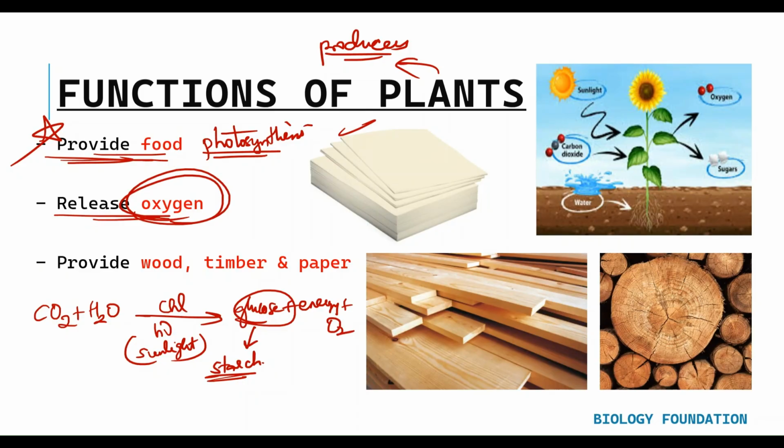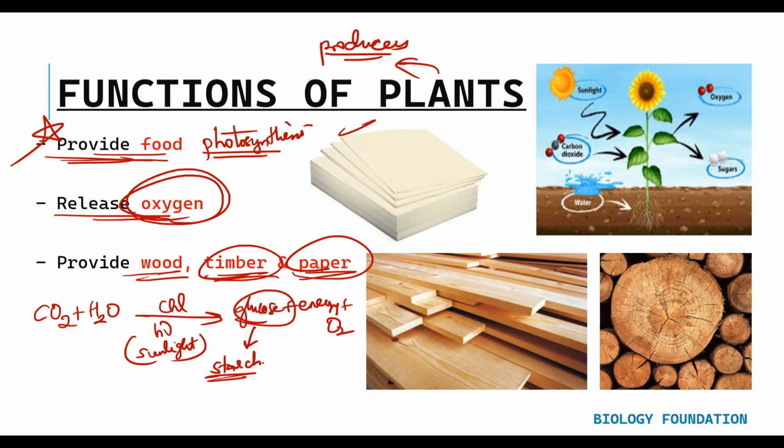So we are quite dependent on plants for food and even for doing our daily activities. And plants provide wood, timber, and paper. Timber is needed for furniture. Wood is needed in order to perform cooking, like in rural areas. Even now, it's a practice that people use wood for construction of houses, and they use wood for cooking, right?